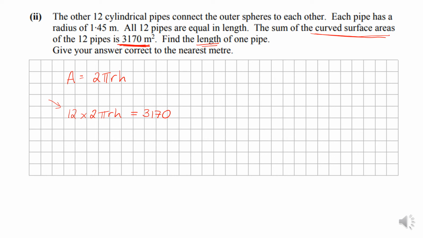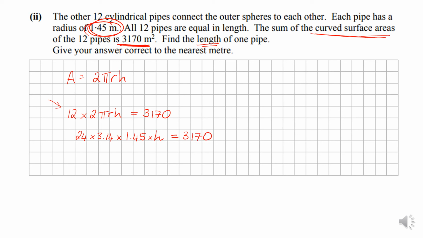Okay, so 12 times 2 is 24. Pi we can replace with 3.14. Radius we can replace with 1.45 from the question. And the only thing we don't know is the height, which can also be called the length. Okay, so that's what we're trying to find, and that should be equal to 3170.